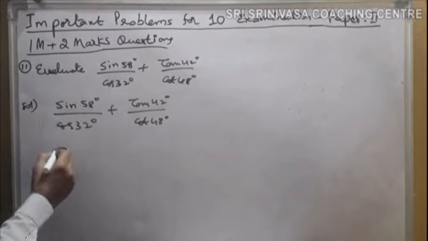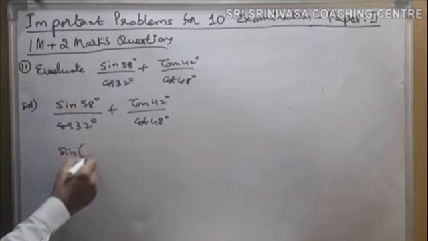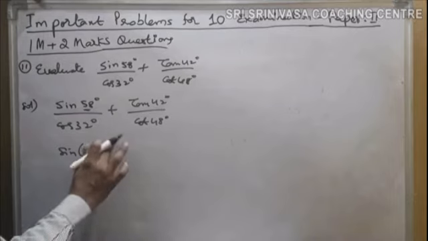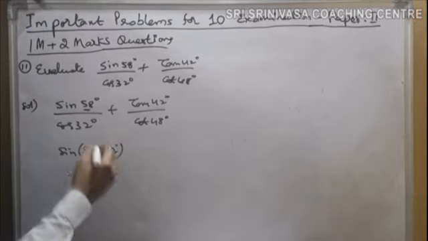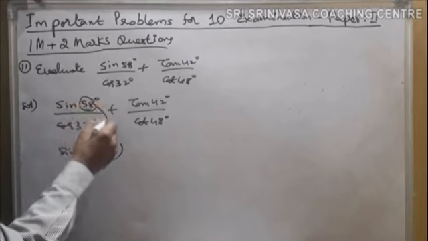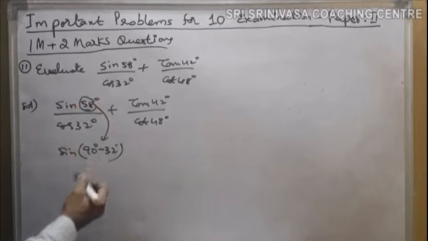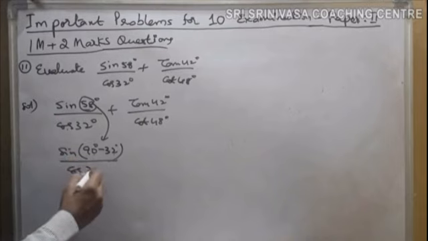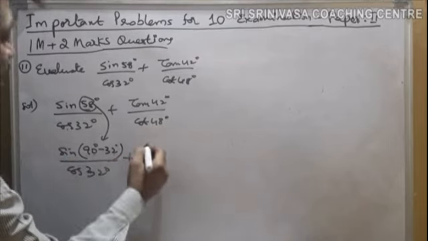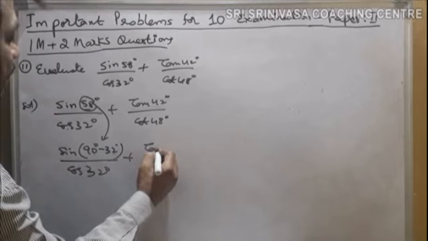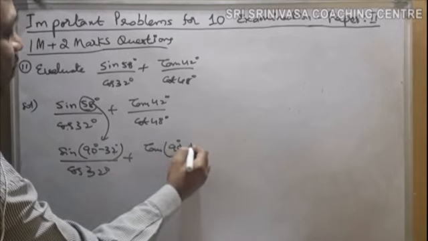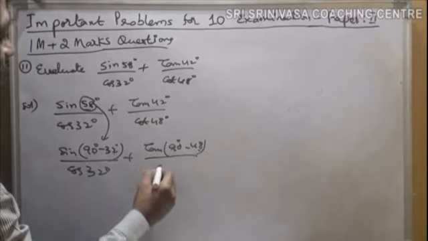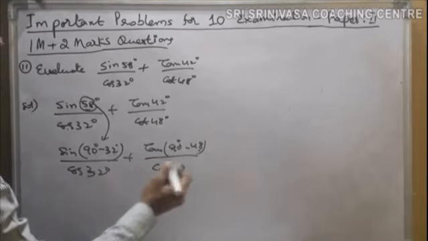Now I'll take the sin as it is, but instead of 58 I'll take 90 minus 32. This 58 can be written as 90 minus 32, divided by cos 32, plus, again in the numerator, tan of (90 minus 48), which is the same as 42, divided by cot 48.